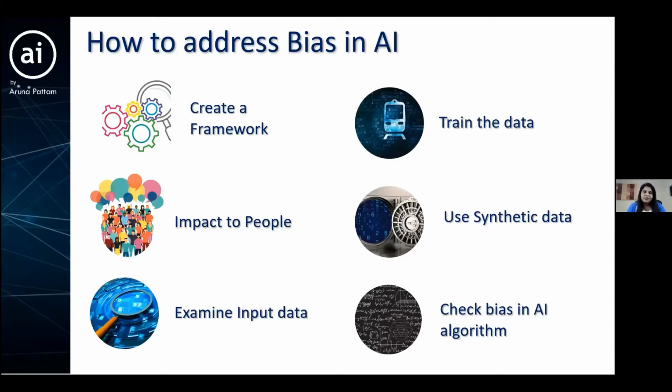So first, what we can do is create a framework. What organizations and companies do is create a framework that clearly articulates to all the people developing the AI models how to get the data and what things you need to look at while building and implementing the models.